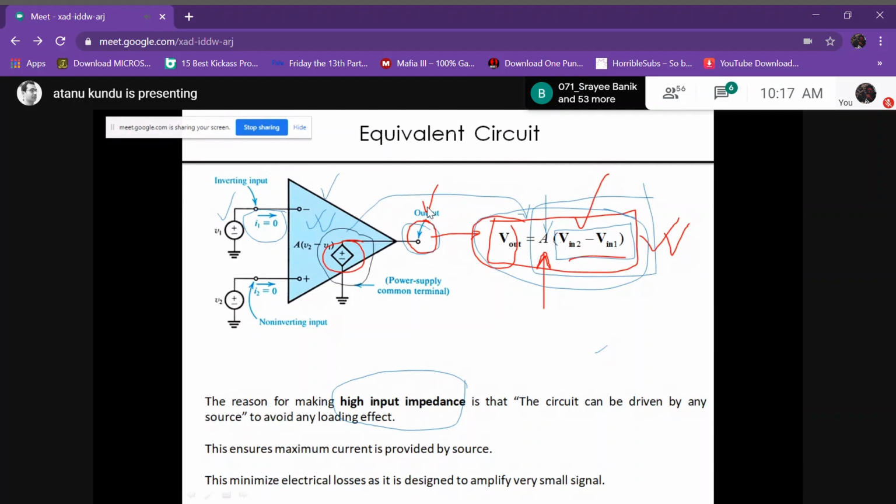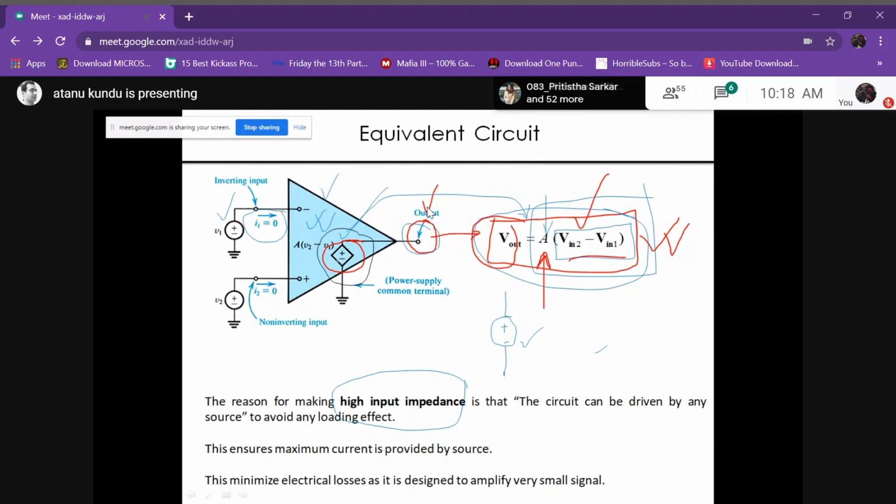If we are getting this voltage at the output, we can say that some voltage source is working here, a variable voltage source, a dependent voltage source. This is the symbol of a dependent voltage source. An independent voltage source is displayed with this type of symbol, with plus and minus.